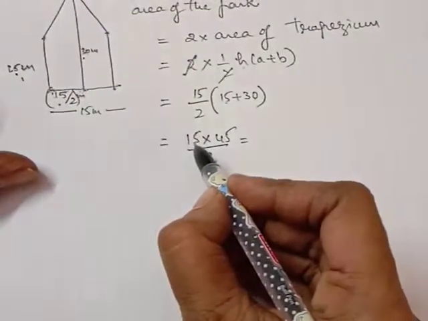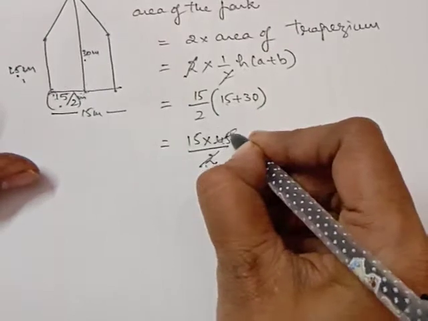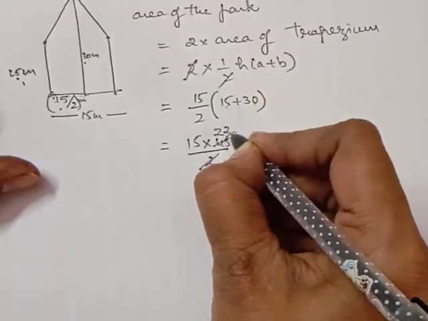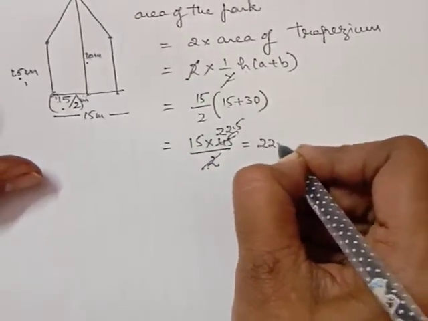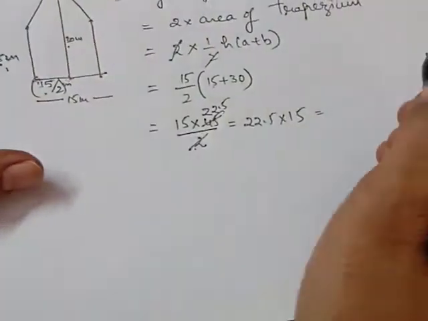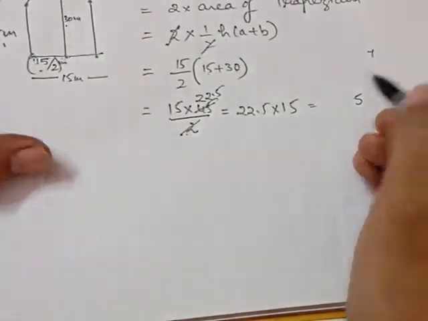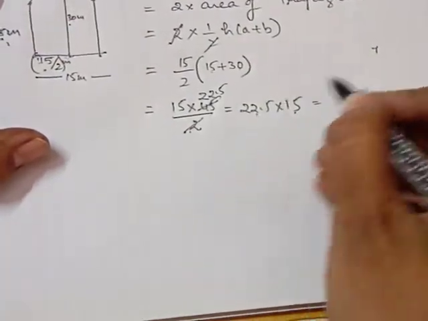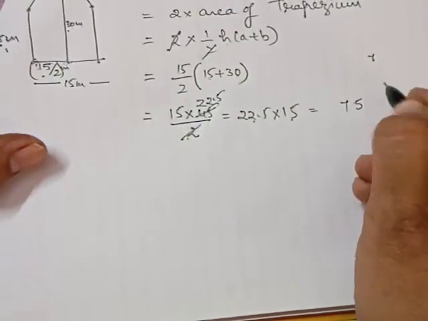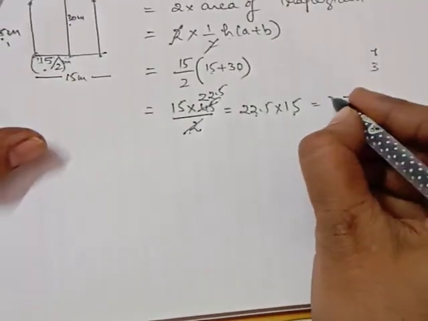Here you can cancel the 2, so 22.5 into 15. If you multiply, 15 5s are 75, 5 and 7 is the carry. 15 2s are 30 plus 7, 37, 3 will be the carry. 15 2s are 30 plus 3, 33.